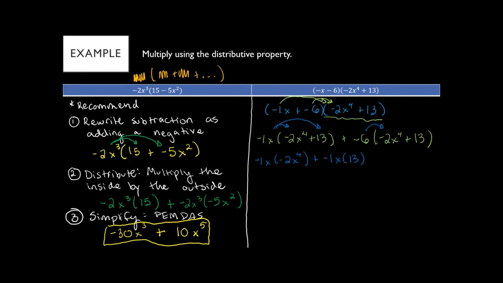And then I have my negative 6 times negative 2x to the fourth, and then negative 6 times 13. If you're running out of room, like I am, I have a lot less room than you would have on a piece of paper, you can just write it underneath like that. That's also why I'm changing colors here, so you can see by color each new line.